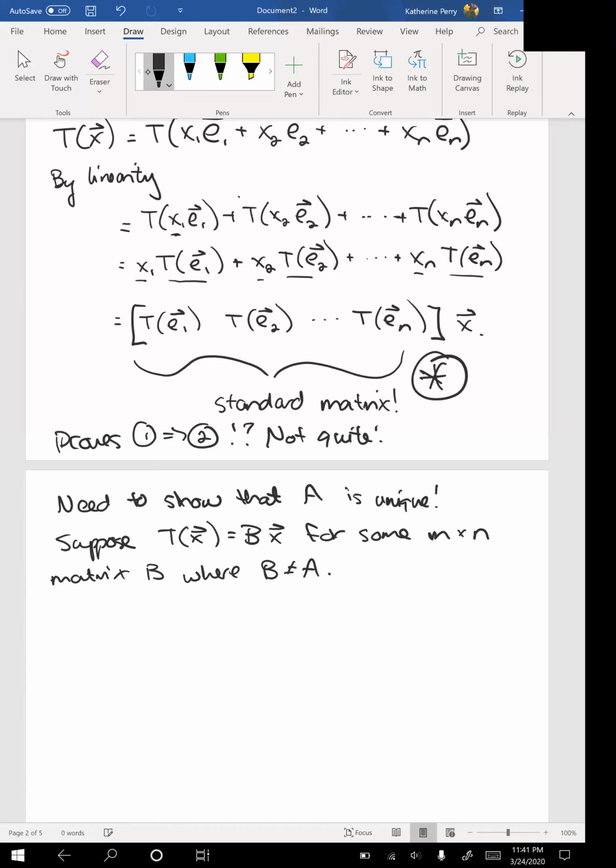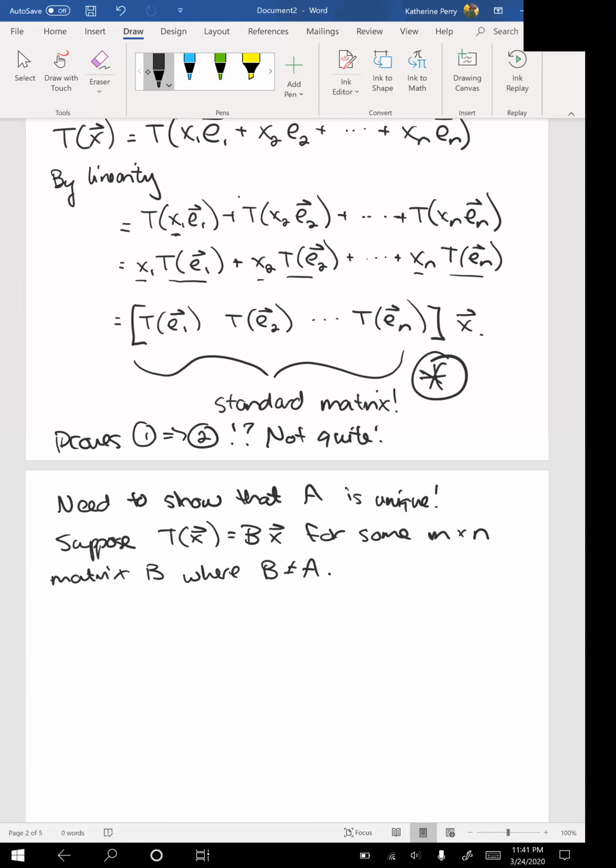And if that were the case, then I would have two matrices that achieve what we want, which would mean that this matrix A, this thing that we're defining as a standard matrix, is not unique. And so what I'm going to do is show that this matrix B must in fact be equal to how we defined A, which would mean that they're not different.